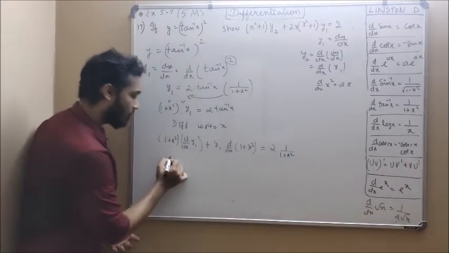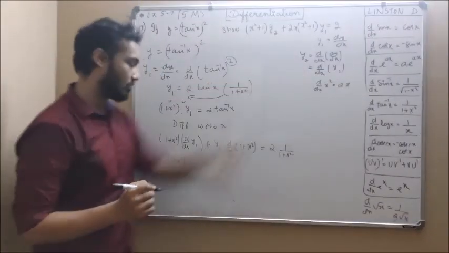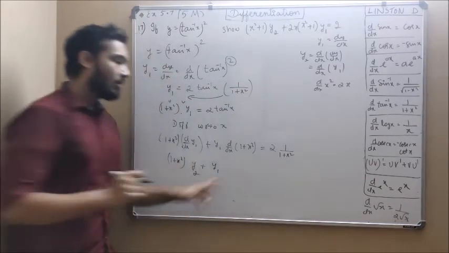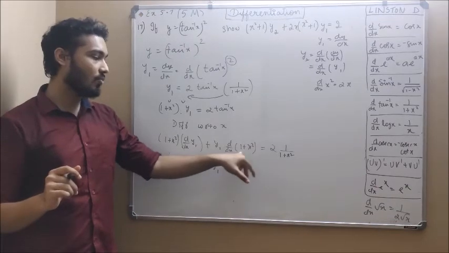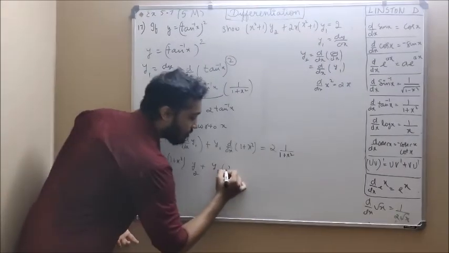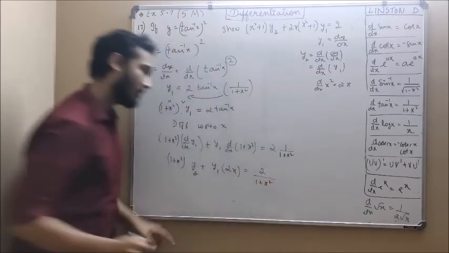So now this is 1 plus x square. What is d by dx of y1? d by dx of y1 is nothing but y2. So this becomes y2 plus y1 into, what is differentiation of 1 plus x square? 1 is a constant, so it becomes 0. Differentiation of x square is nothing but 2x, equal to 2 by 1 plus x square.